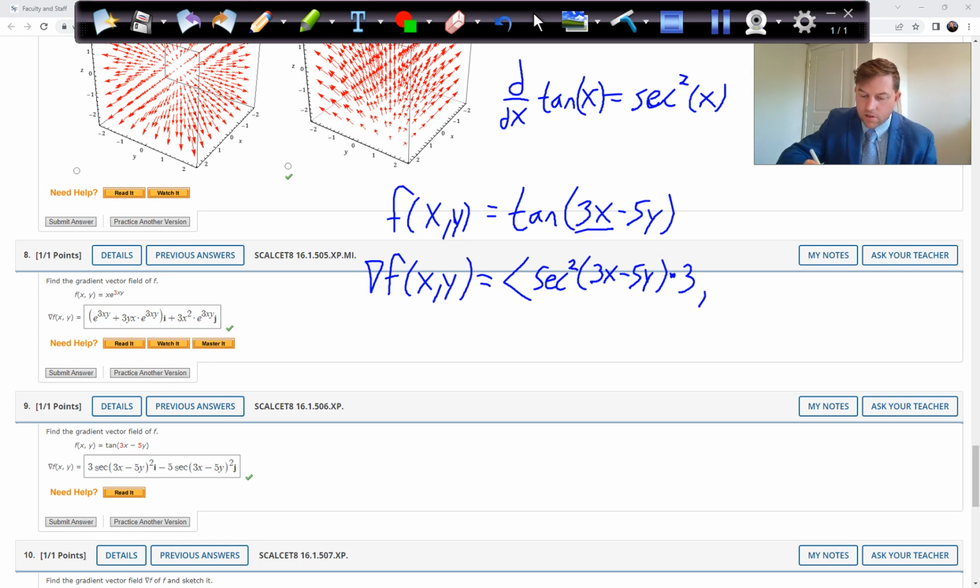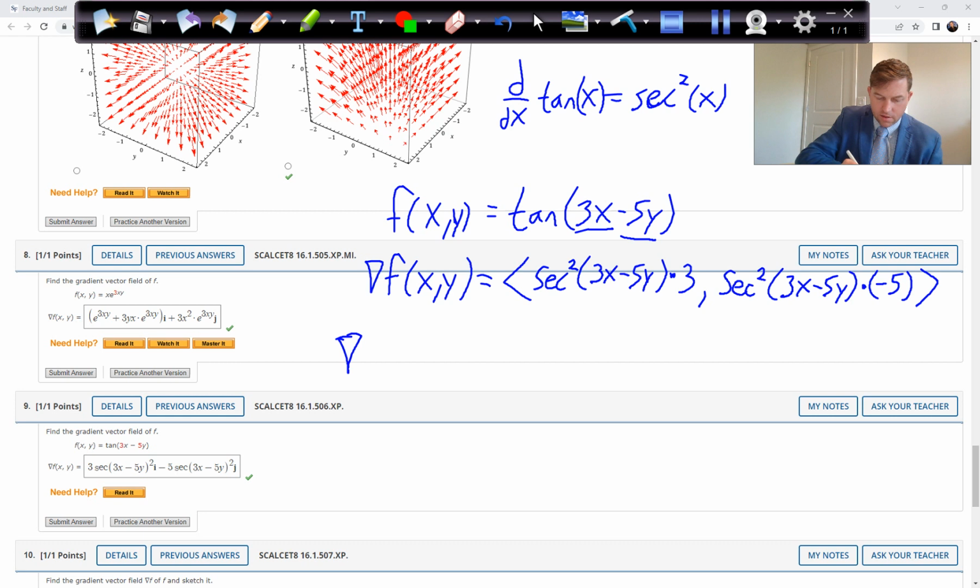In the y term, when we do the partial f with respect to y, it's exactly the same thing. It's going to be secant squared of 3x minus 5y. But now, when we do the derivative of the inside with chain rule, it's only minus 5y that we have to consider. So the derivative of minus 5y is minus 5.